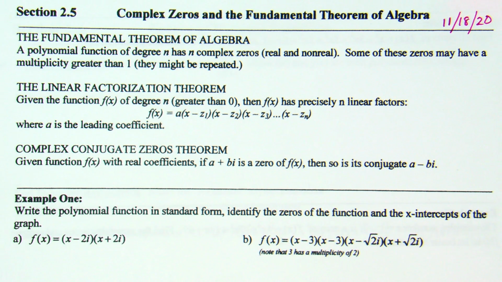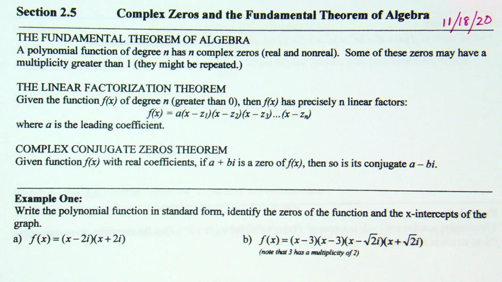Linear factorization theorem. Given the function f of x of degree n, as long as n is greater than 0, then f of x has precisely n linear factors. That goes along with the fact that if it's degree n and it has n zeros, each of those zeros is represented by a factor.